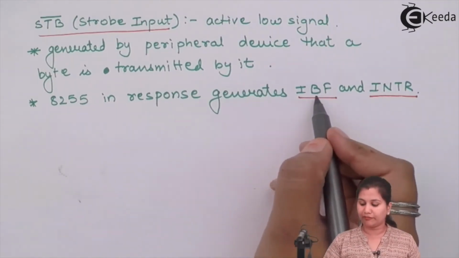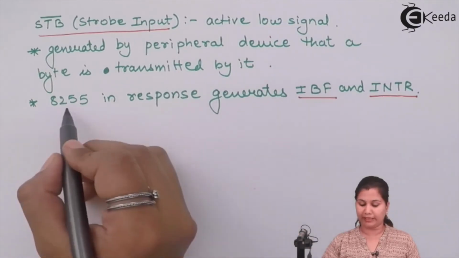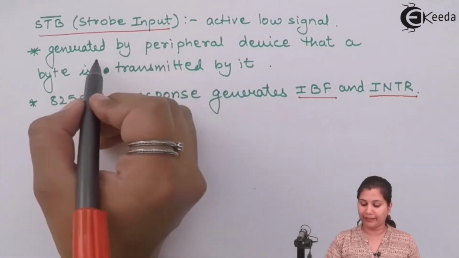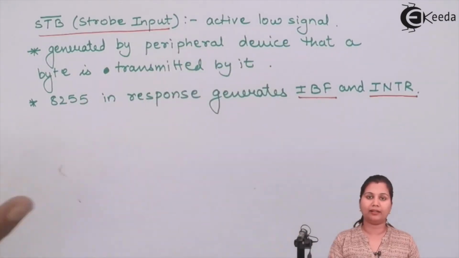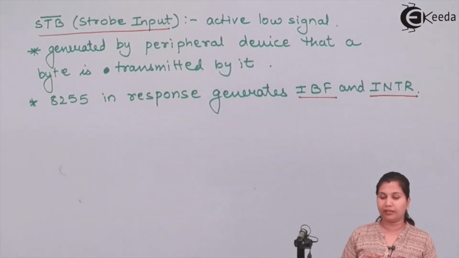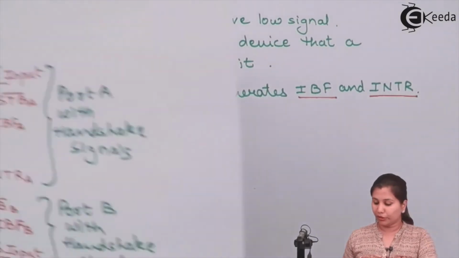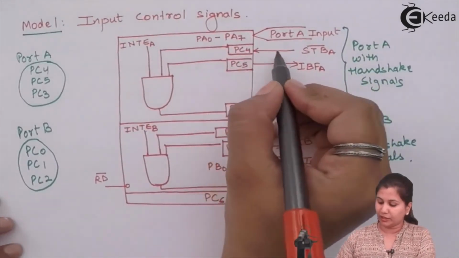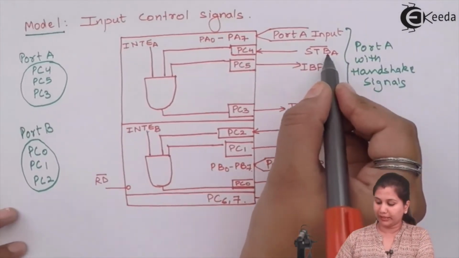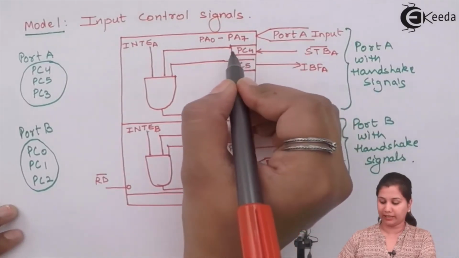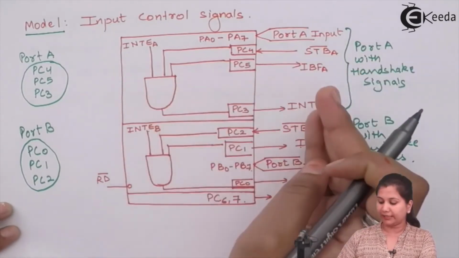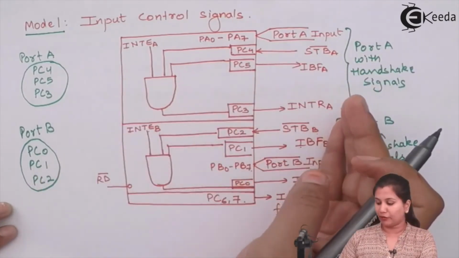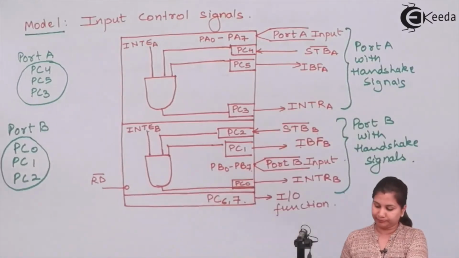If the input buffer full signal is generated by the 8255, it means that the byte transmitted by the peripheral device has been received by the buffer, and the buffer contains that 8-bit data. Here in the diagram you can see that the strobe input for port A is given on the PC4 line, and it is given by the peripheral device which is connected on the side of the 8255.